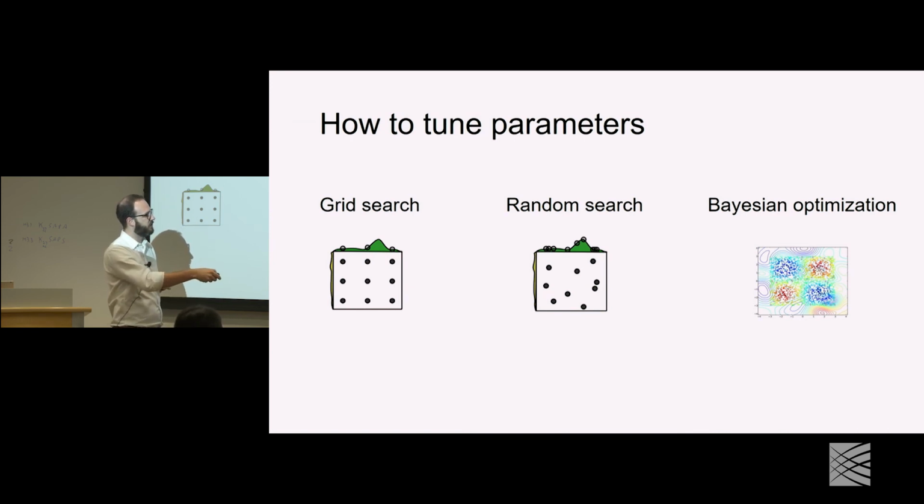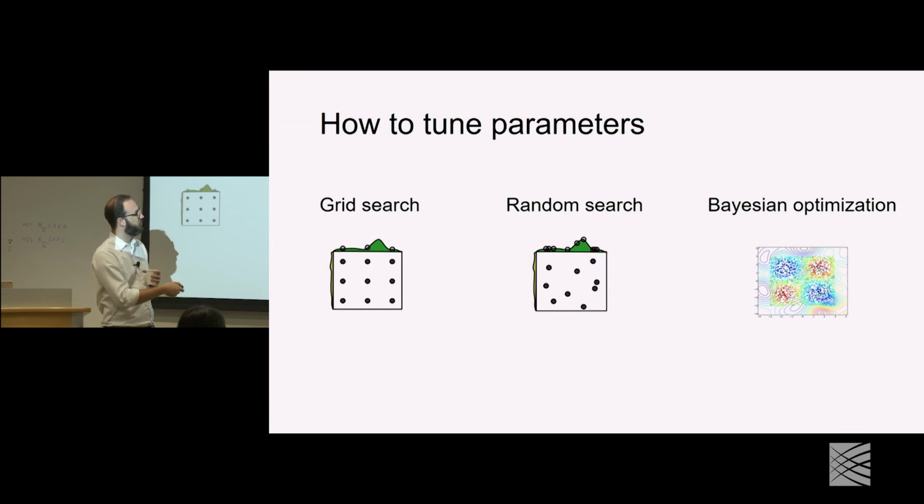You see that here, for instance, this parameter doesn't affect the loss on this axis, but this other parameter is super important. If you grid the points to try, which is what most people do, you say parameter A ranges from 0 to 1, parameter B does as well, and then you just evaluate each intersection of the grid. That tends to work pretty badly because you miss out on important parts of the space.